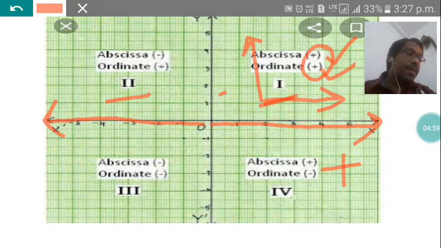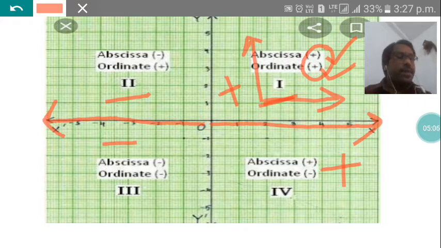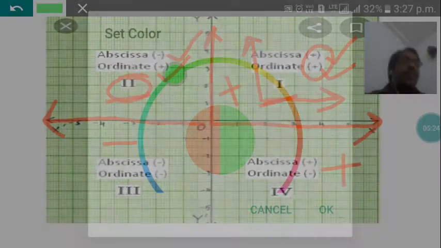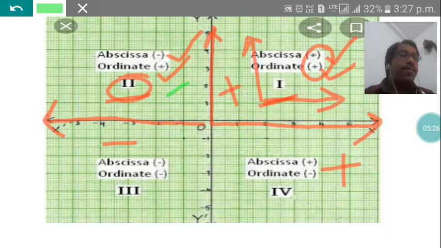So in the second quadrant, the abscissa x is negative and y is positive. Remember that y is positive in this direction and negative in the other.